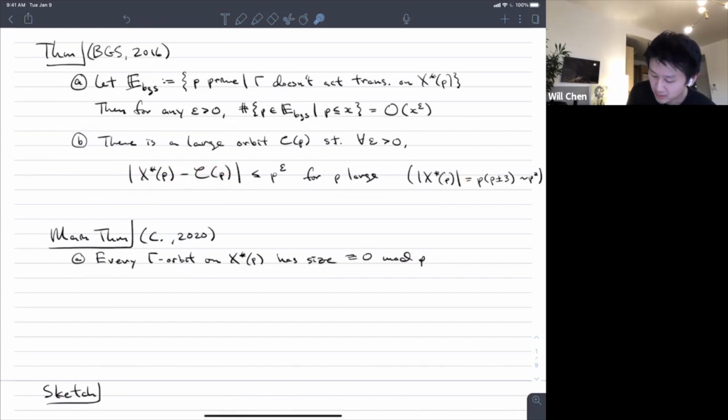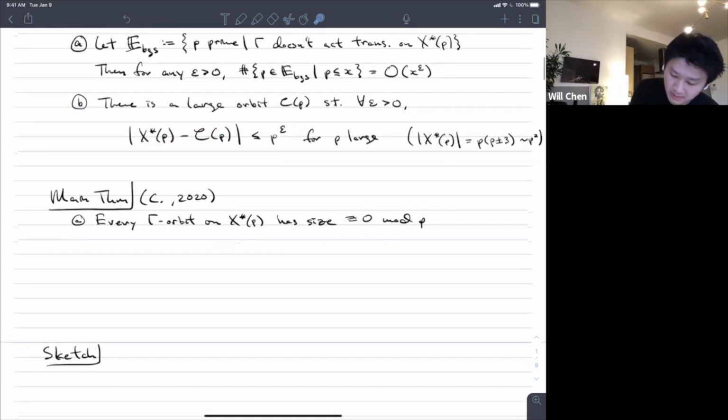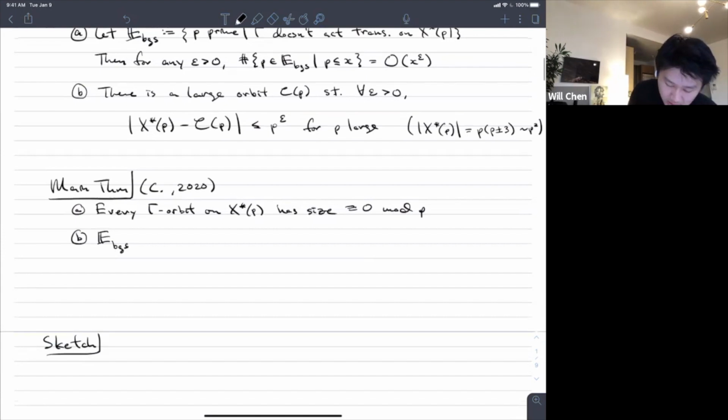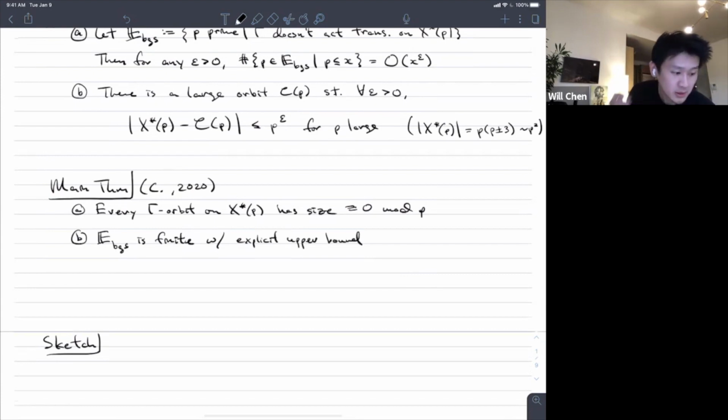So in particular, every gamma orbit has size at least P, and if you combine these, what you get is that the conjecture can fail at most finitely many times. So E BGS, this exceptional set, is finite. And in fact, there exists an explicit upper bound for the size of the largest prime in this exceptional set.